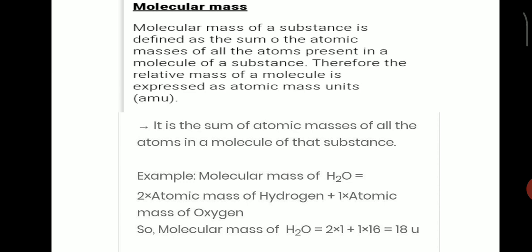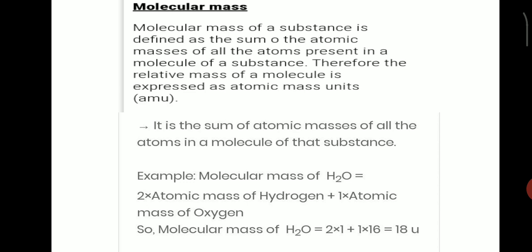Then substitute the values. 2 into atomic mass of hydrogen, we studied, what is the atomic mass of hydrogen? 1. So 2 into 1 plus 1 into atomic mass of oxygen, which is 16. So what is the answer? 2 plus 16, 18 U. So this is the way we calculate the molecular mass of a substance.